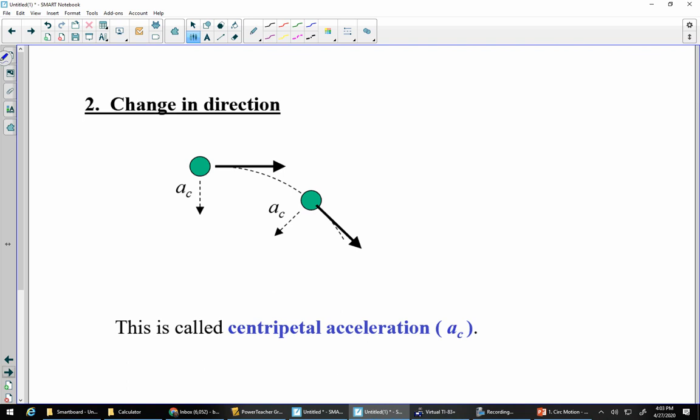So when we talk about acceleration that is always perpendicular to the velocity, because it's 90 degrees to the velocity, it doesn't speed it up or slow it down. It only deflects it, so it only changes its direction. We call this centripetal acceleration. It's center-seeking acceleration: acceleration always towards the center of the circle.